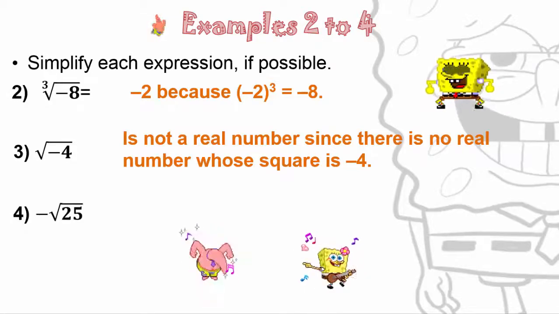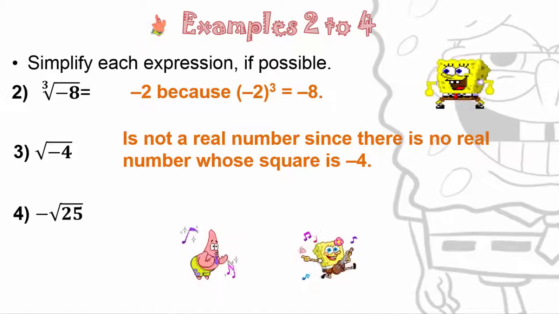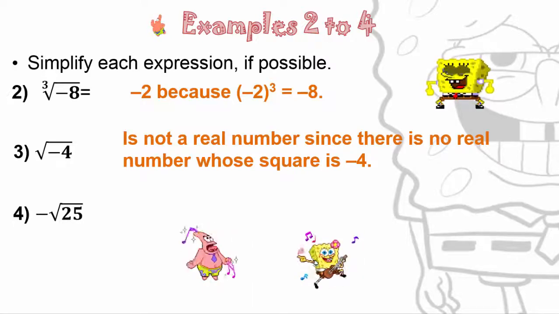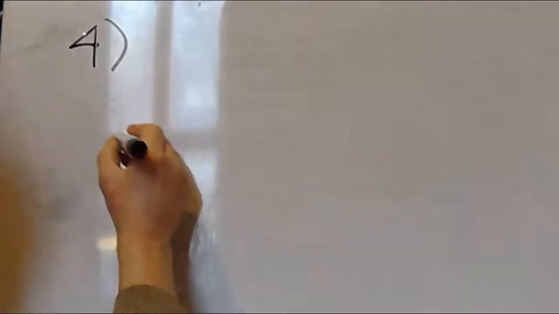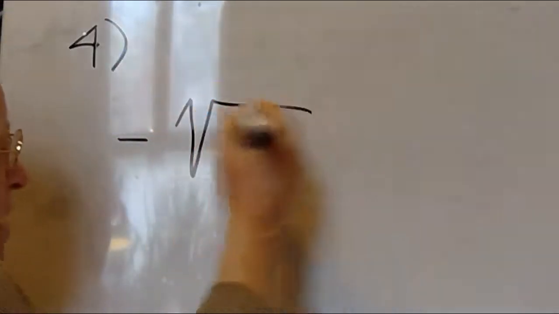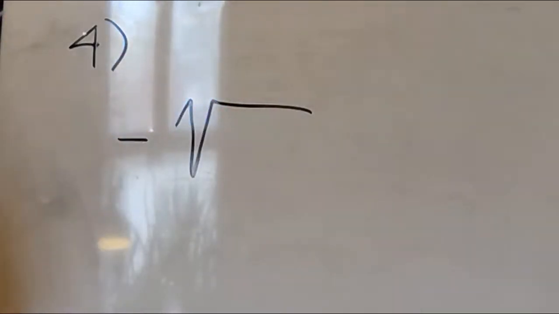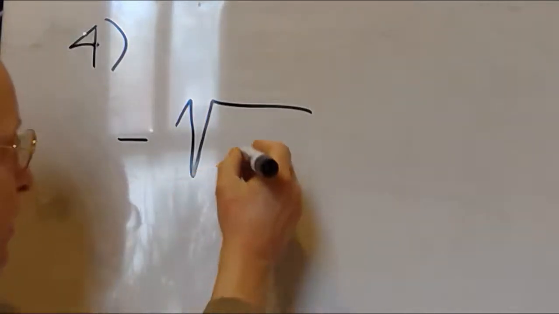In example number 4, we have negative square root of 25. So let us go over to the whiteboard and work this one out. But it's okay to have the negative sign outside the radical sign.